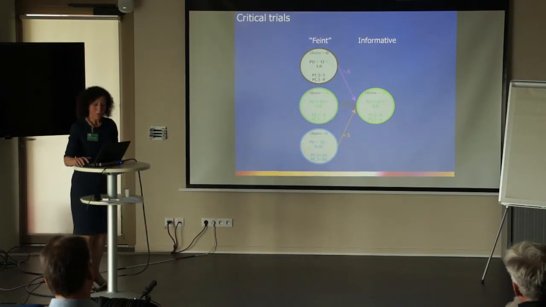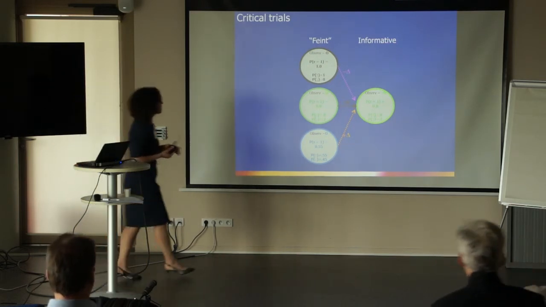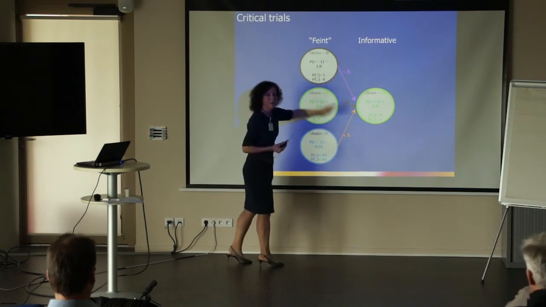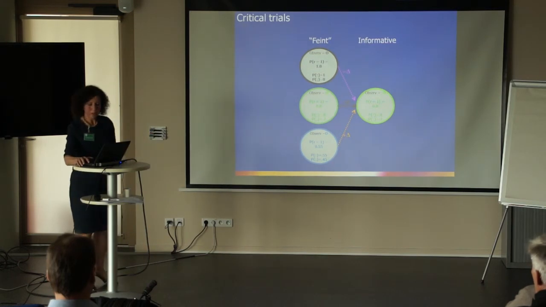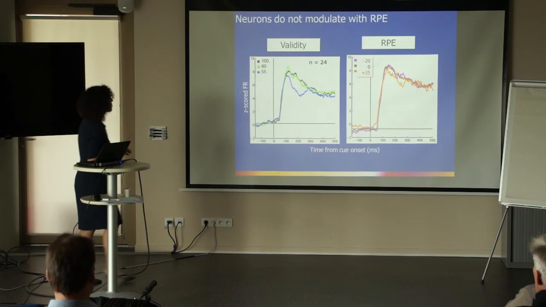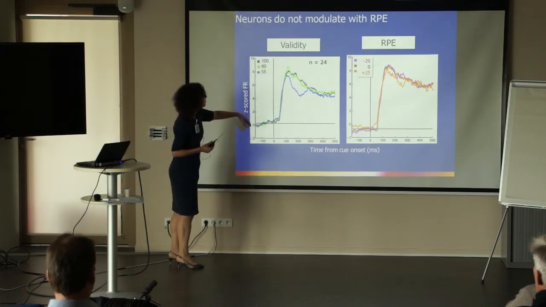And so we expect that if the neurons really encode reward prediction errors, the responses to this one cue should vary according to what came before it. But we don't find that. So again, neurons responding, these are cues of different validities appearing in the receptive field.